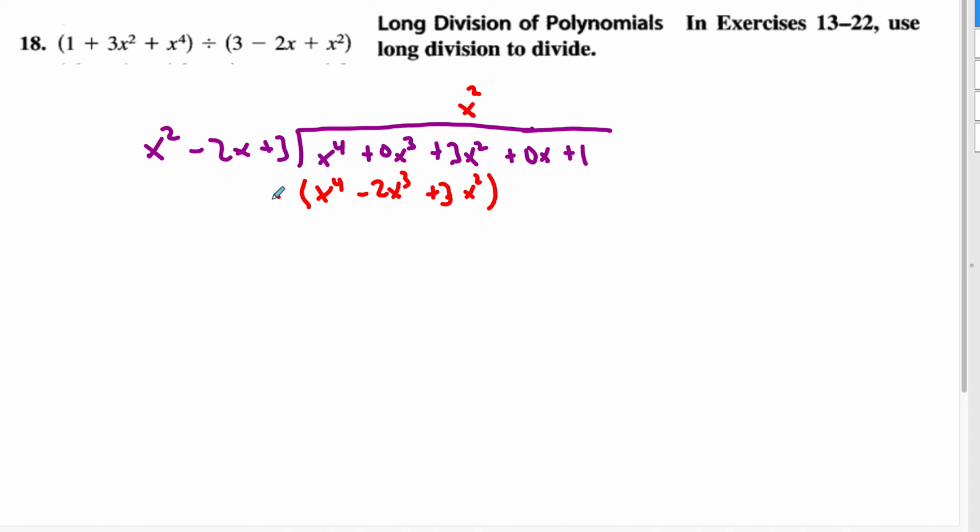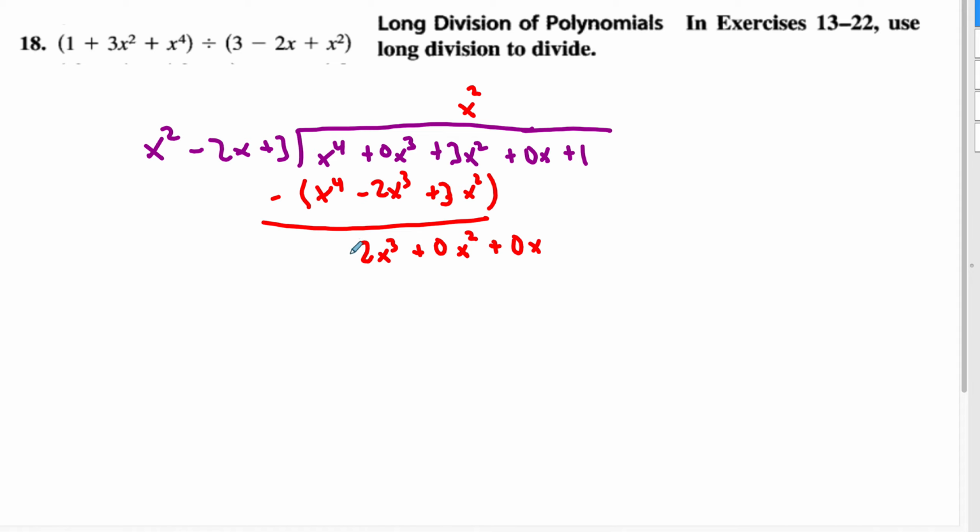I like to put parentheses around it when I subtract, so I don't forget. This goes away. This minus a negative is a positive 2x cubed. 3 minus 3 is 0. I'm going to write a placeholder 0x squared, and then I have to have a 0x because I have to bring this down.